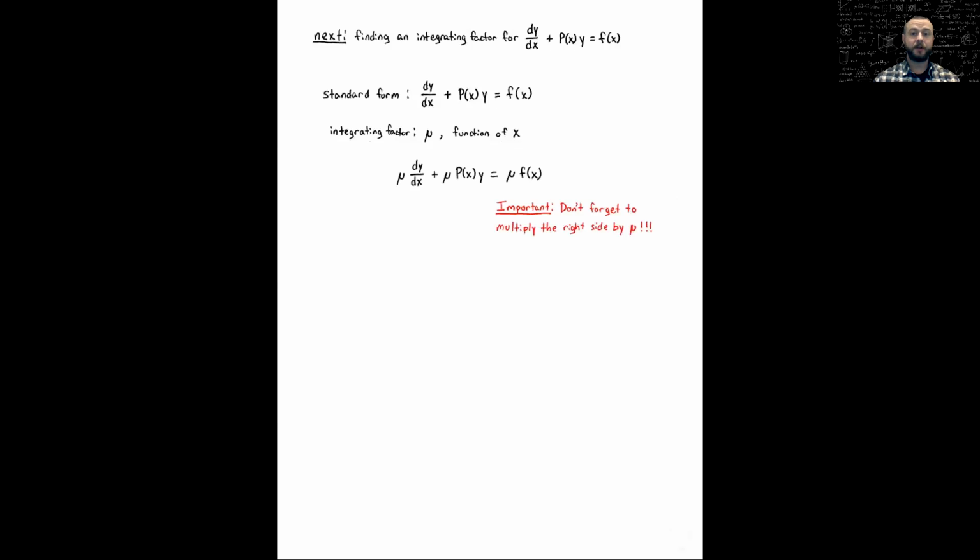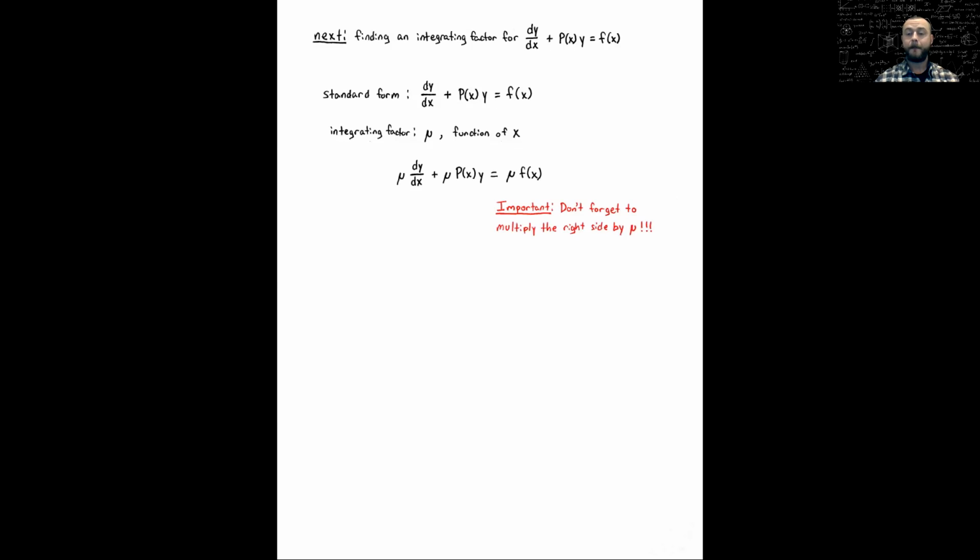All right, so we're still going to use the same notation. So we'll use mu again to denote our integrating factor. And here we're just going to assume it's a function of x. All right. The first step is very similar to what we did previously with a non-exact ODE.